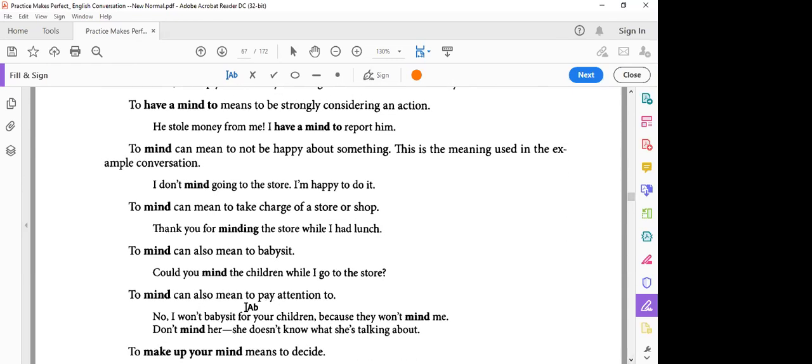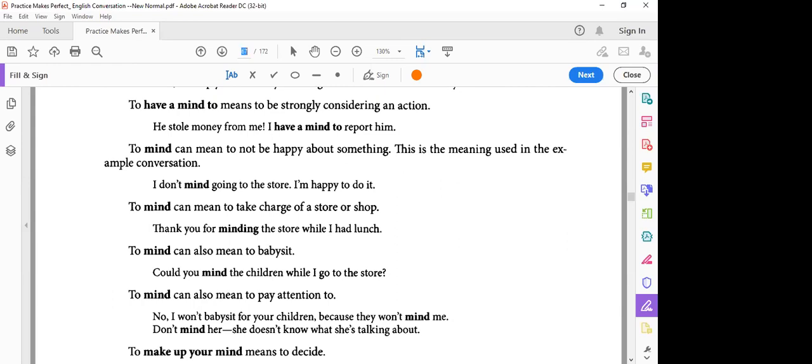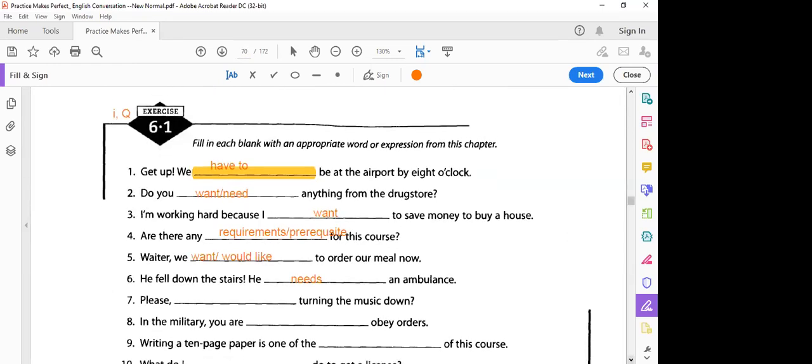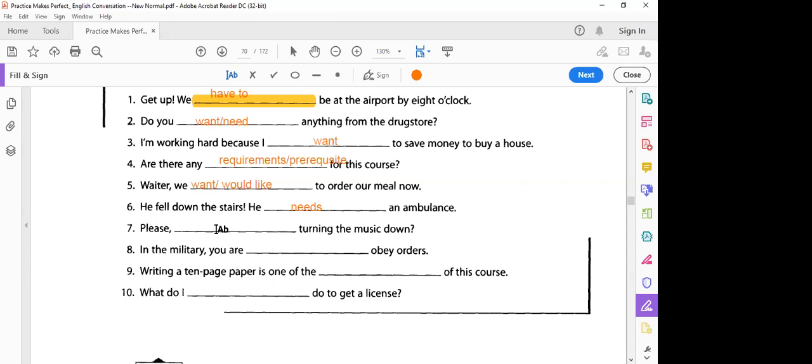Means also here to pay attention to. Okay, you want them to pay attention to turning that down. So how would you do that with the word mind? Would you mind turning the music down? There you go. All right.